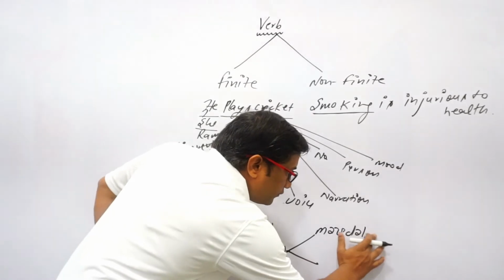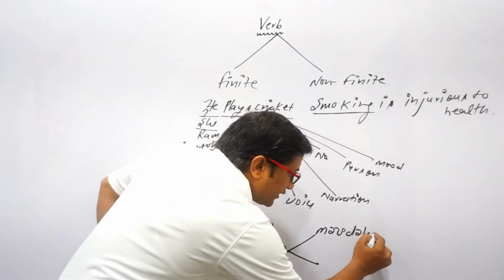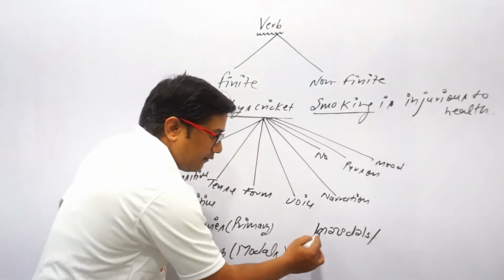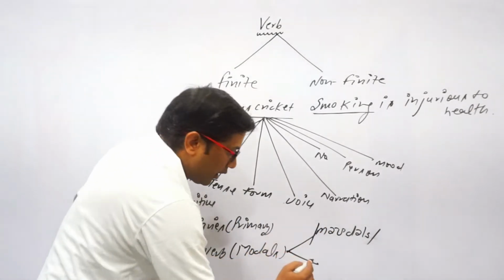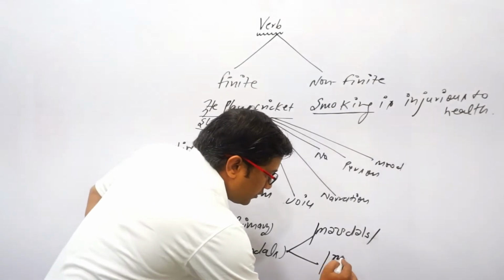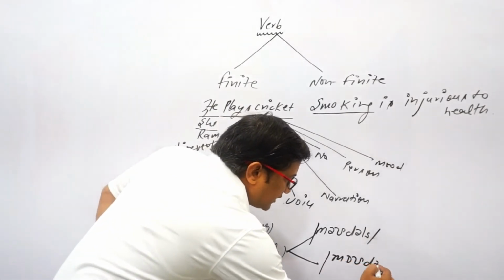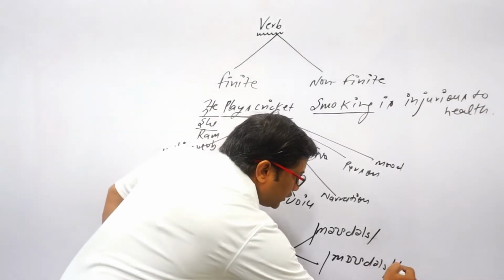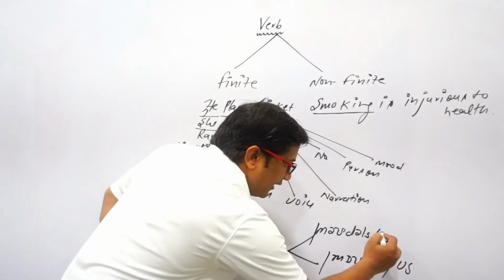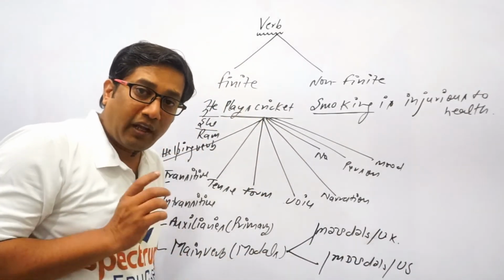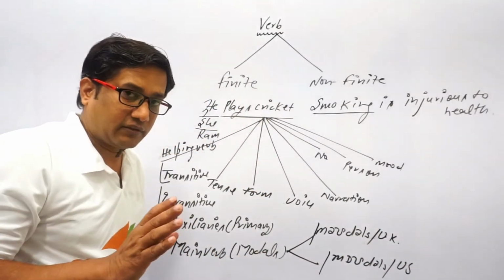Many of you must be knowing it. That is transcription. One is modals, or next one is modules. So this one is US and this one is UK. But modals is not a pronunciation.